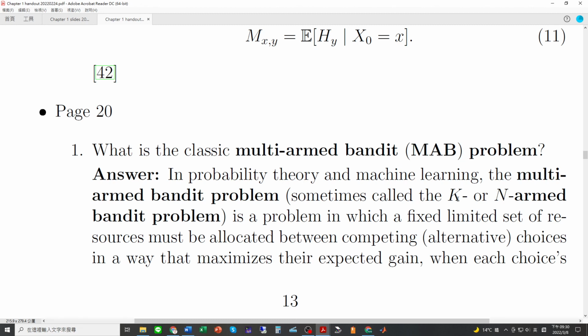For example, for the K-armed bandit problem, we have a set of 1 to K channels. Each channel is a resource, and these channels must be allocated between competing users, that is the primary users.